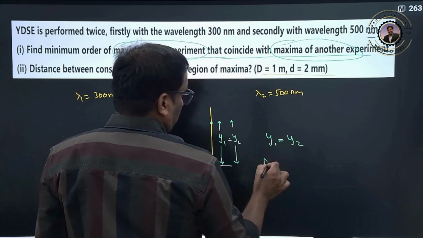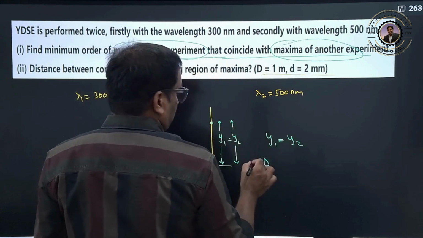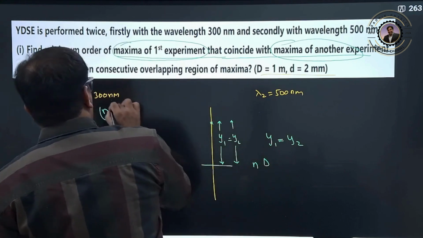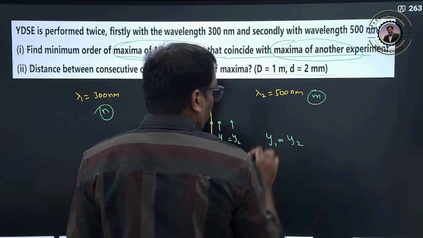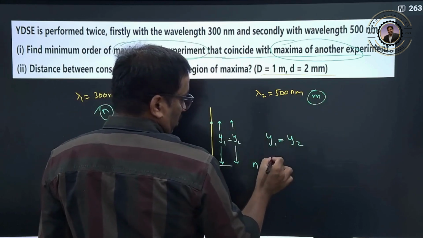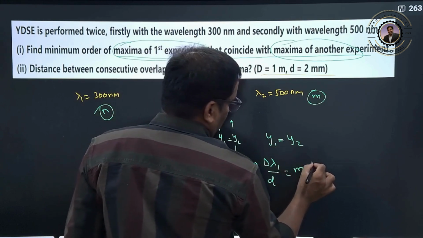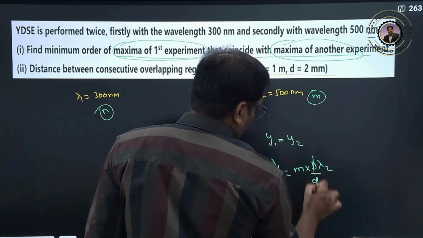So you know that for maxima, with this one n order, and this one m order, n into Dλ1 by d is equal to m into Dλ2 by d. These two get cancelled out.